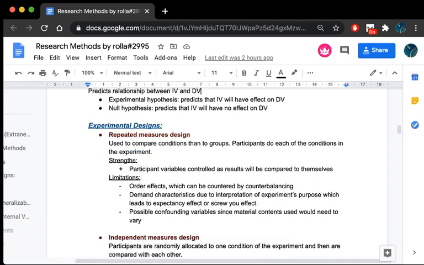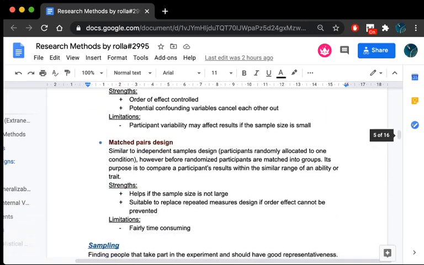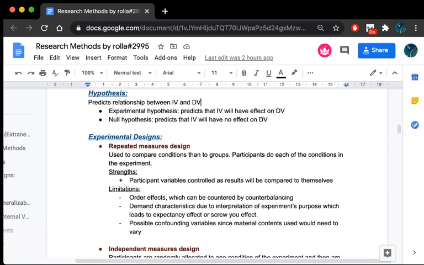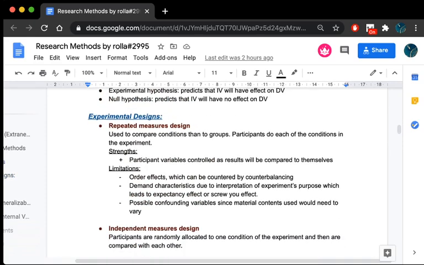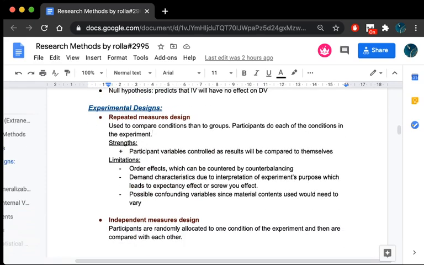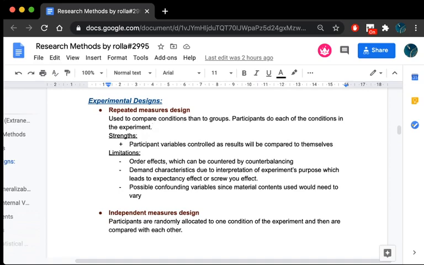So there are several experimental designs that psychologists usually use. There's the repeated measures design. What the repeated measures design does is compare conditions. They repeat the procedure for different conditions and then compare them later.